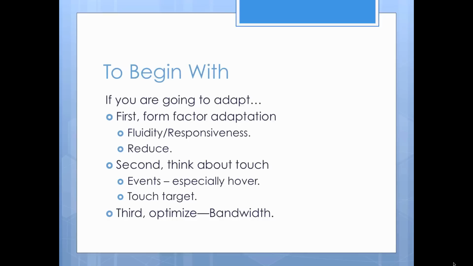And then, of course, there's the fluidity aspect. I'll talk a little bit more about that next. And touch, obviously, events, especially the hover. There's other things you can do there. You can lay out that information if it's important. And again, this is back to the reduce. If you've got something that only shows on hover, is it really that important?